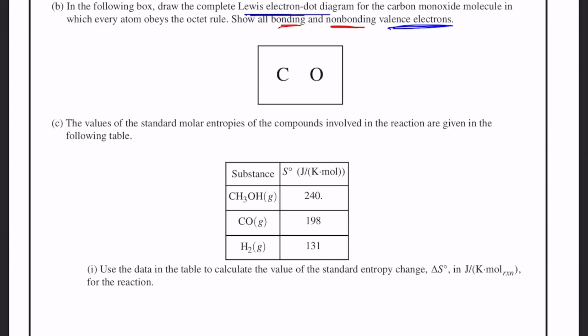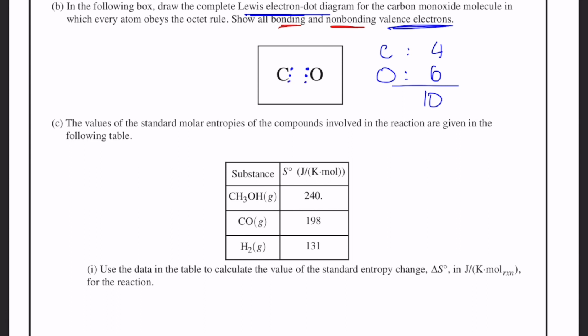For part B, we're going to start with the elements we have and list out the number of valence electrons for them. Carbon has 4 valence electrons, and oxygen has 6, giving us a total of 10. I'm just going to start placing bonds between the elements.